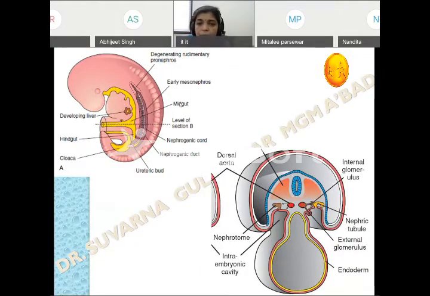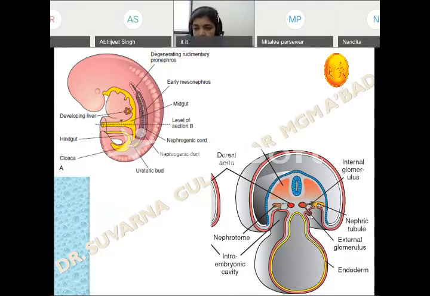Now, the pronephros, which is present in the cervical part, develops by early fourth week of intrauterine life. How is it presented? It is presented as segmented nephrotomes, and these nephrotomes consist of external glomerulus and internal glomerulus.